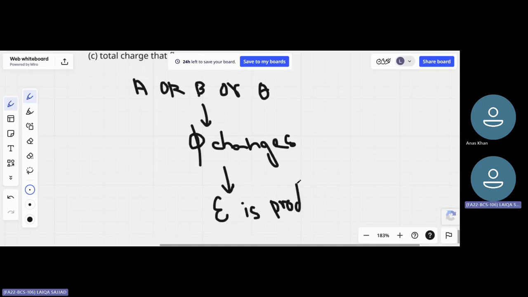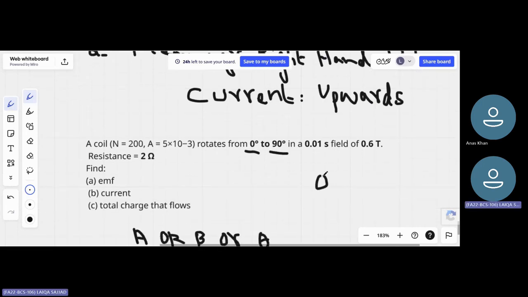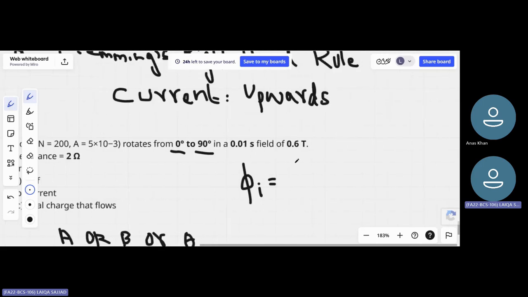So over here we can see that the initial angle was 0 degree and the final angle was 90 degree. Because the angle is changing, we will calculate two different fluxes. The first is the initial flux, when the angle was 0 degree. Its formula is BA cos theta.